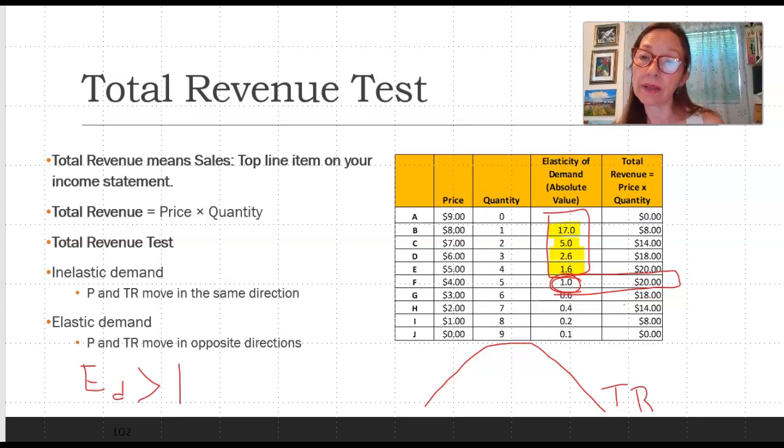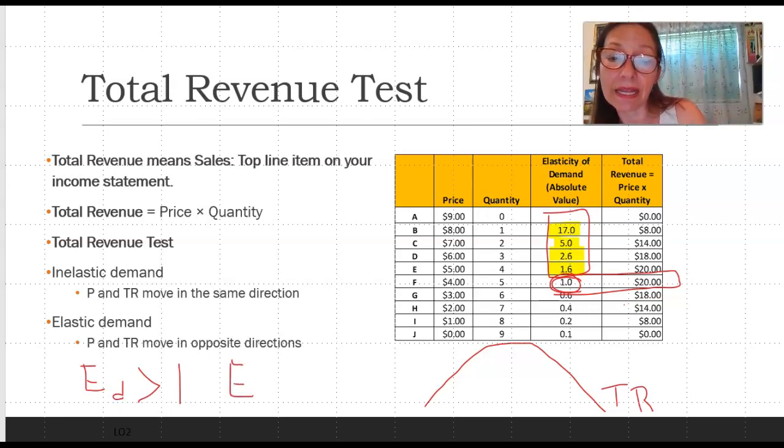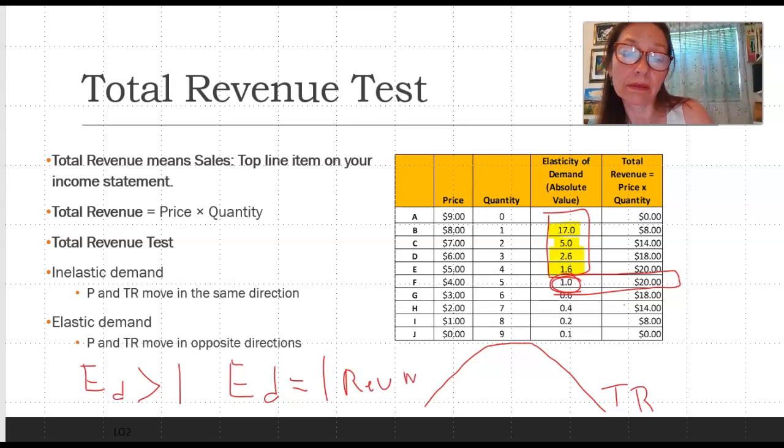When you start using calculus to figure this out, you will see that it is going to be exactly at this point. When elasticity equals 1, our revenue has been maximized. Okay, so that is a rule right there. Let's see, so when elasticity of demand equals 1, our revenue is maximizing. Right up here.